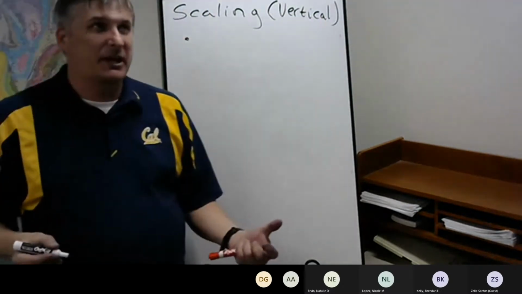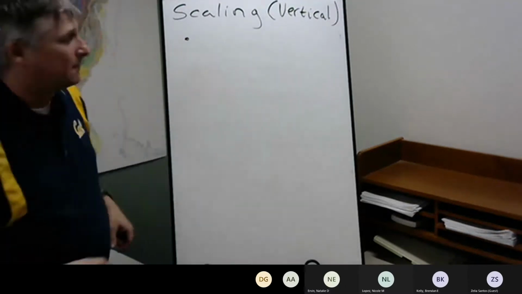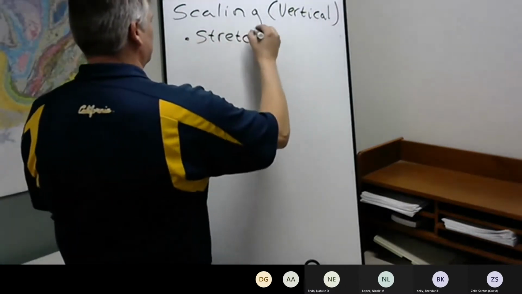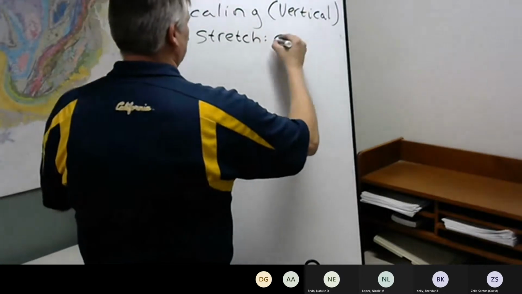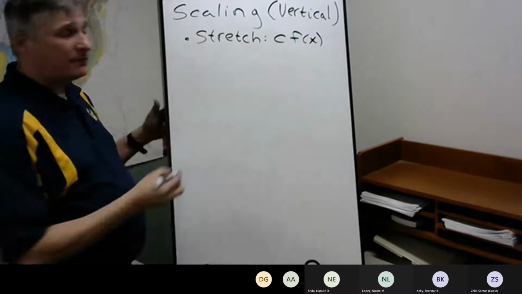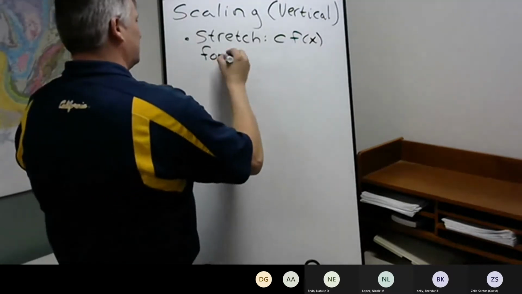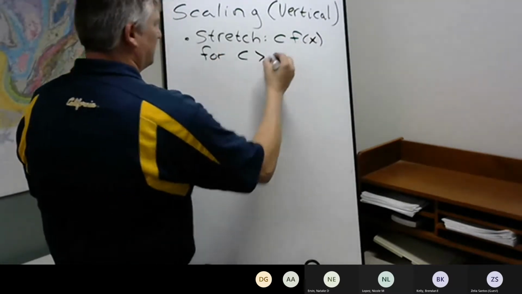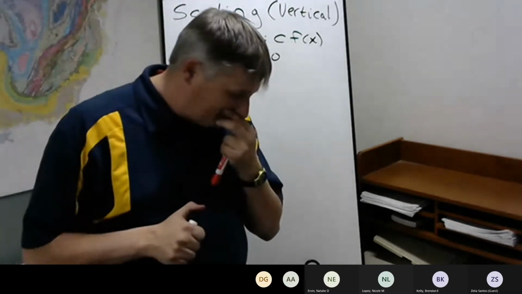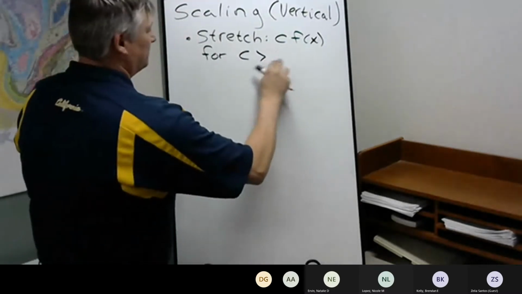For vertical scaling, we're going to look at a vertical stretch. And this is going to be a number c times f of x, for c greater than 1.